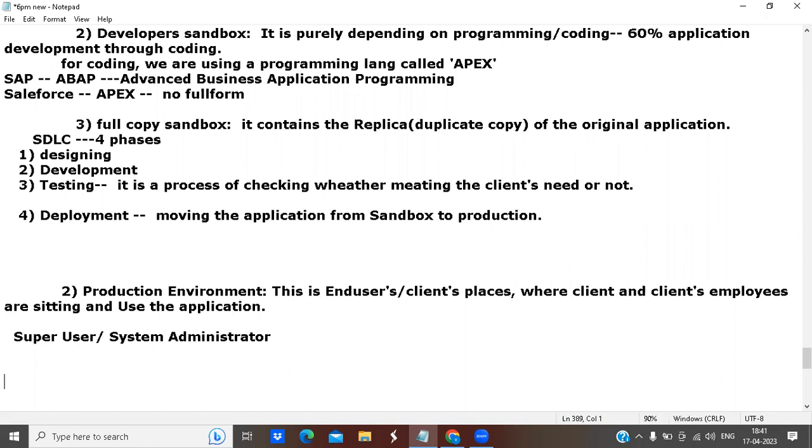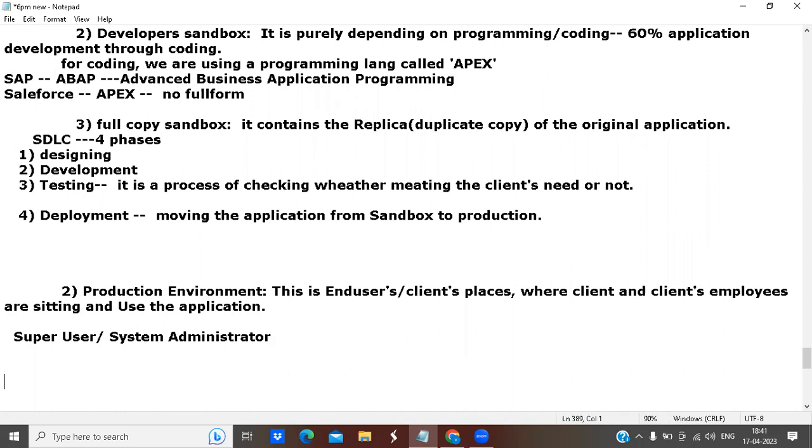Privileges means permissions to the employees in the company based on their roles, and he is the person revoking the privileges from the employees. So the entire application is monitored by whom here? System administrator.